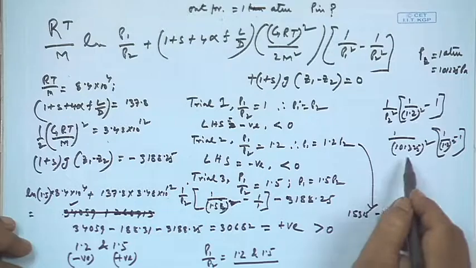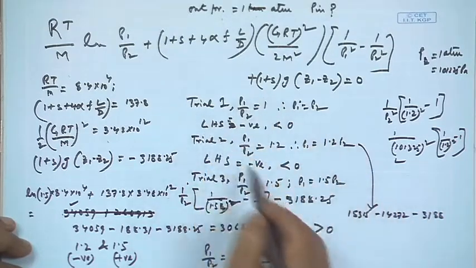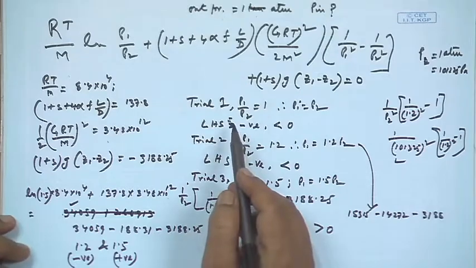So, the moment we took that 101,325 Pascal, we could realize that first trial when P1 is equal to P2 was there, that time it was okay. But when it became 1.2 times P2, then it became negative. First time also it became negative, right.